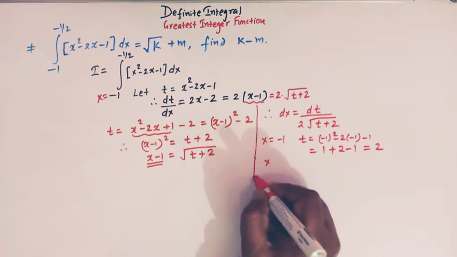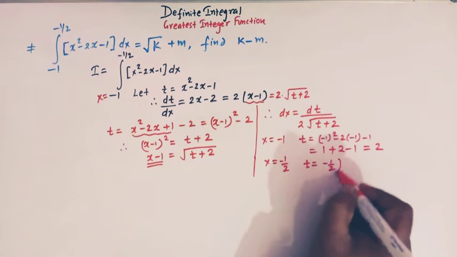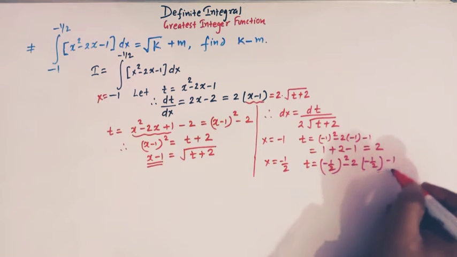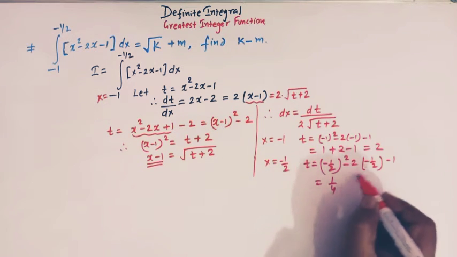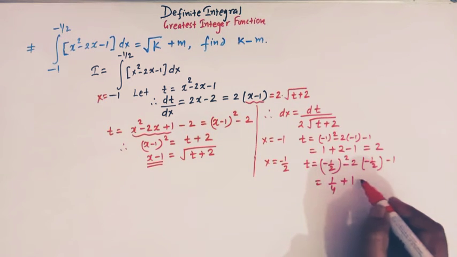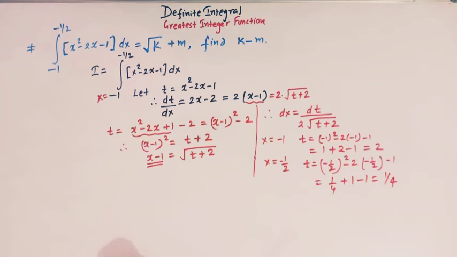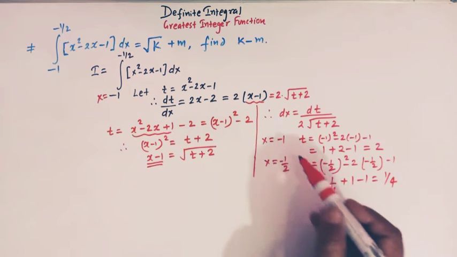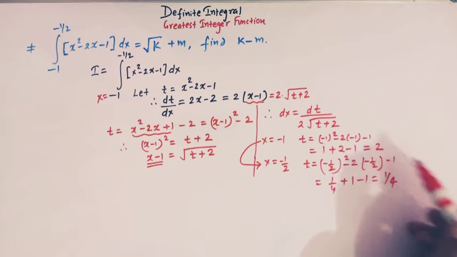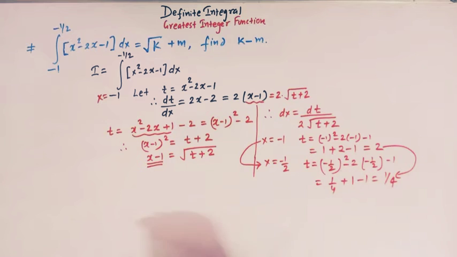When x is minus half, t is equal to minus half square minus 2 times minus half minus 1, so this is 1 over 4 plus 1 minus 1 minus 1, so the value is 1 over 4. So when x varies from -1 to -1/2, t varies from 2 to 1 over 4.